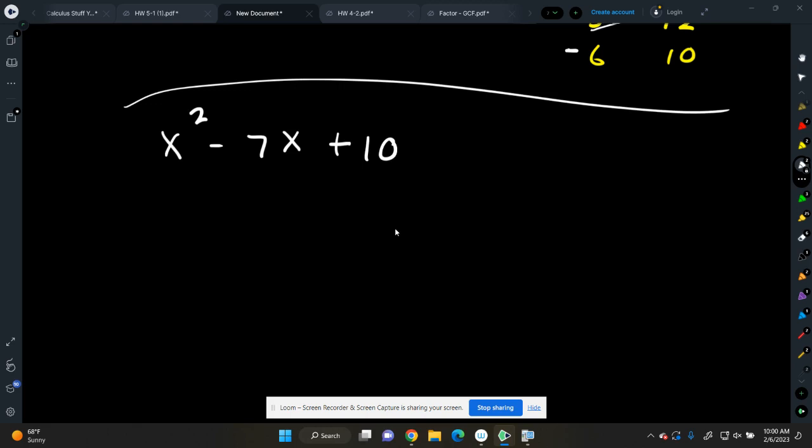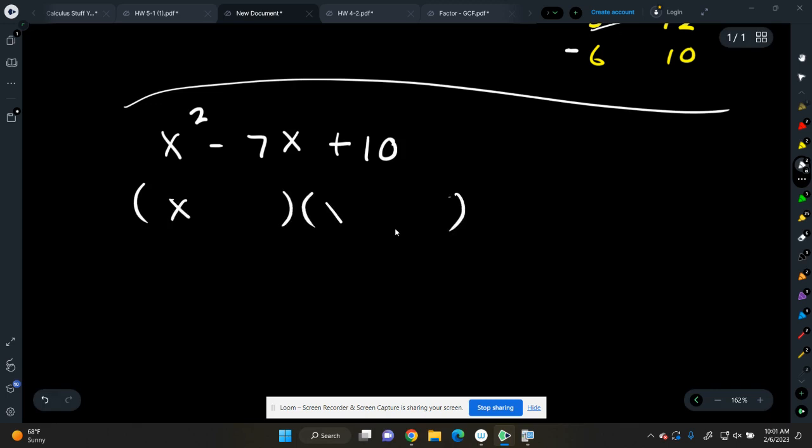Is there anything common? No. So let's make our two sets of parentheses. We're going to put x in each parenthesis. Now I need two numbers that multiply to equal positive 10, but add up to negative 7.